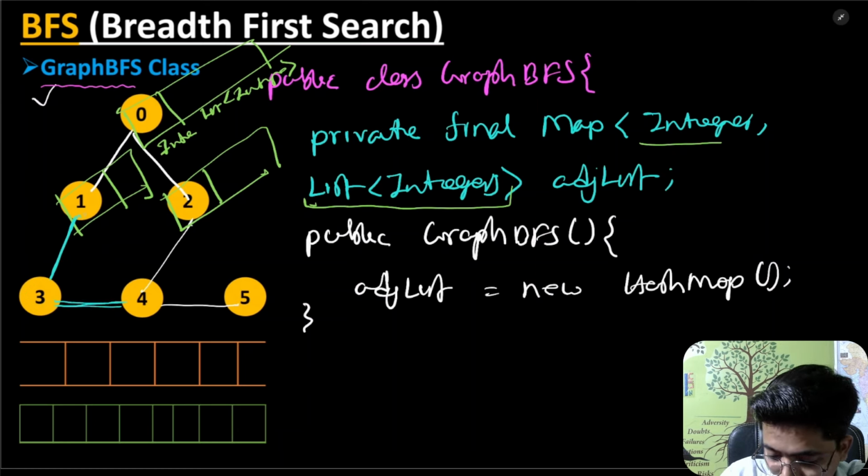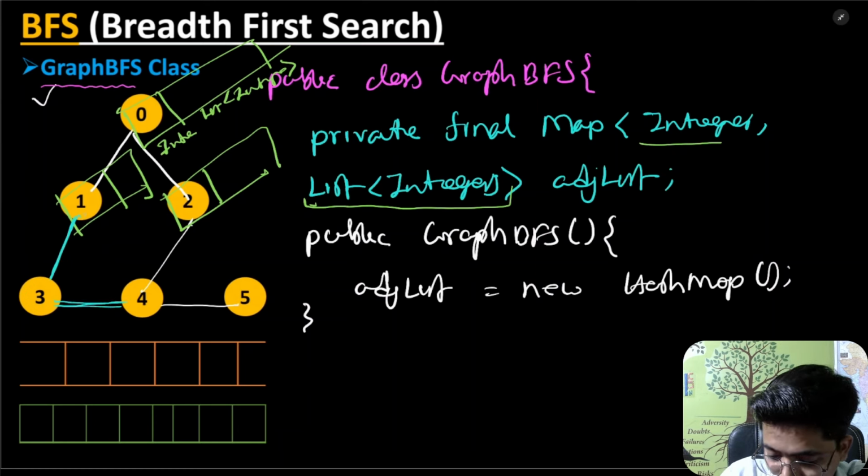So let's poll the element with respect to the current node: int currentNode = queue.poll(). Once you apply this queue.poll, 0 will be popped from the queue and our current node will get that value.